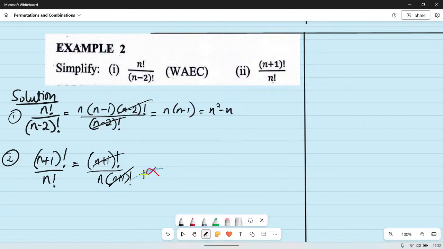So ask yourself, over here, which one is bigger? The one at the top or the one below? So big, small. So it means you have to break down the big.